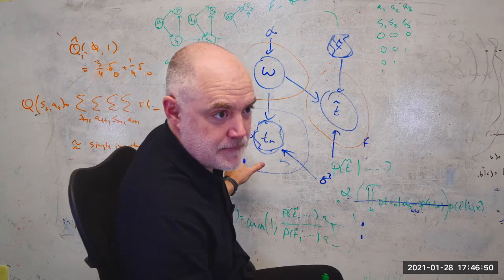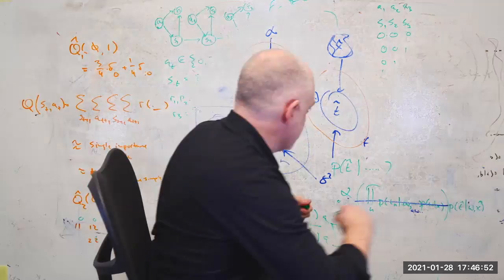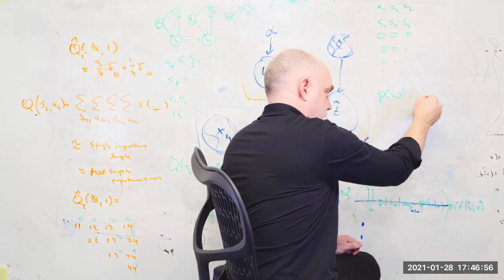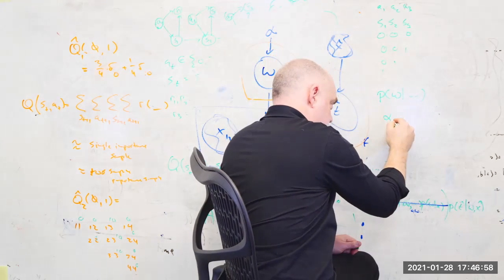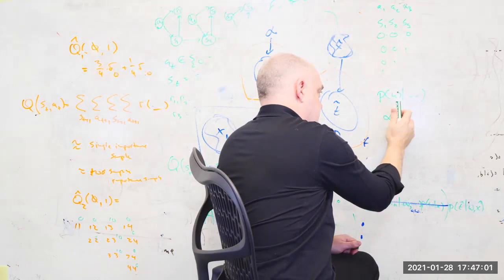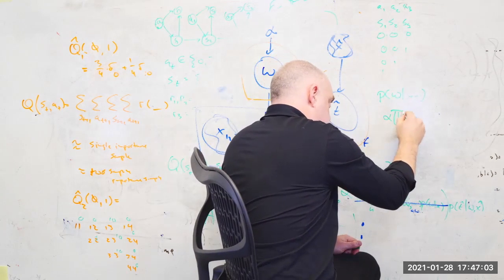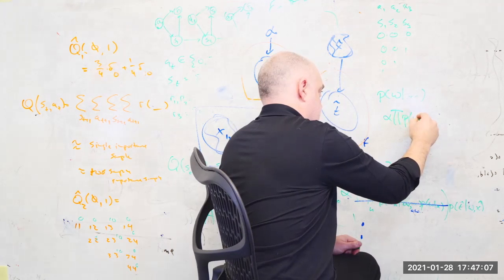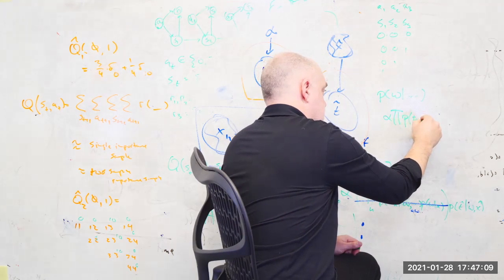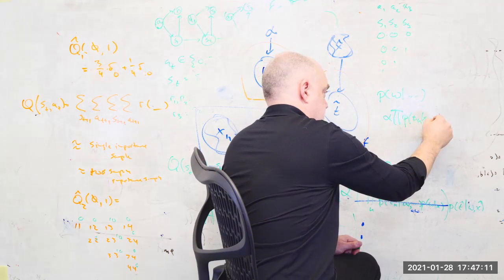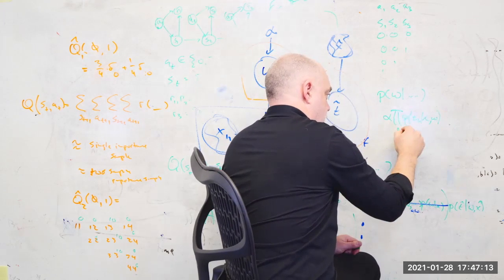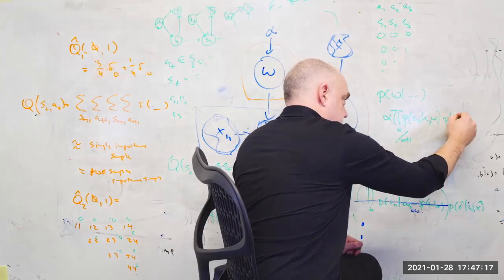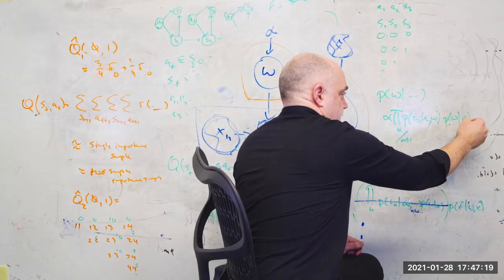So the posterior distribution of W given everything is proportional to the product of P of Tn given Xn, W over all n, or n+1, times P of W given alpha.